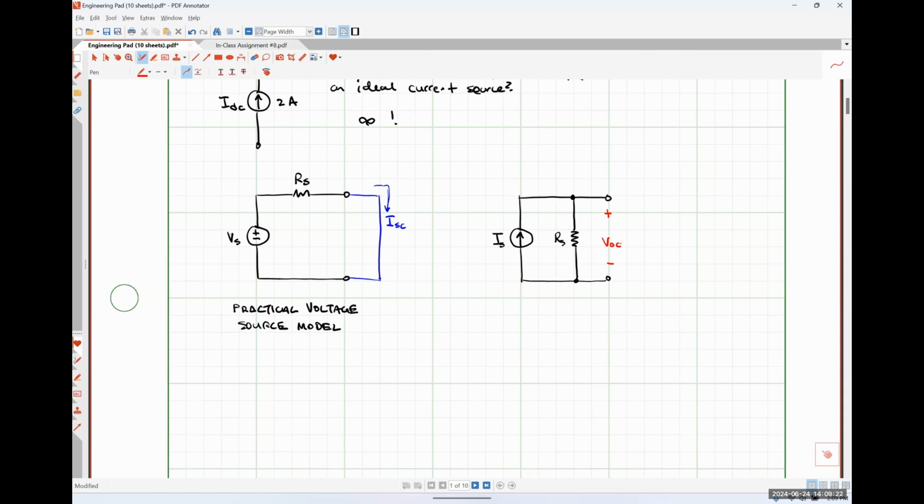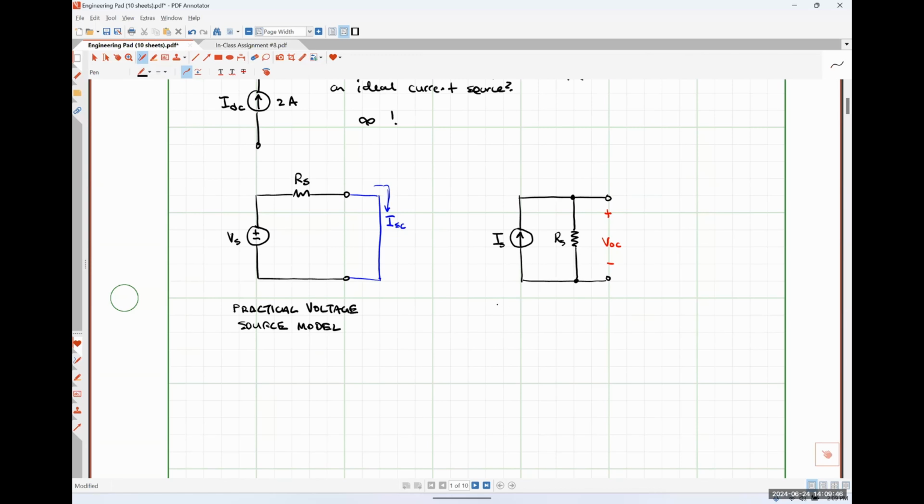And this open circuit voltage represents the maximum voltage that can ever appear across the terminals of our current source. Because if we connected literally anything else across those terminals, it's going to be in parallel with that resistance Rs and will therefore make the voltage smaller than our open circuit case.